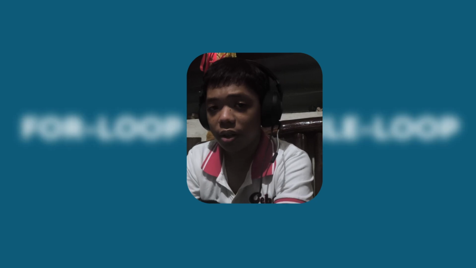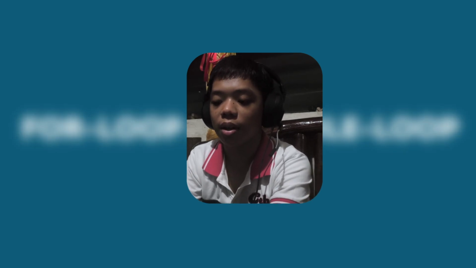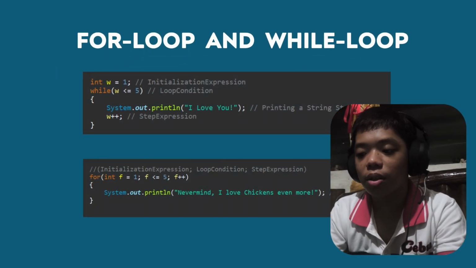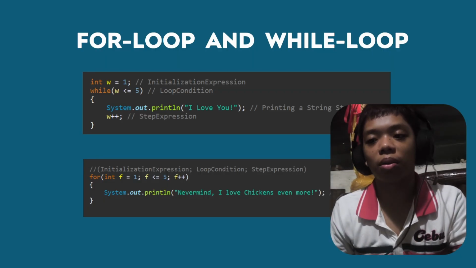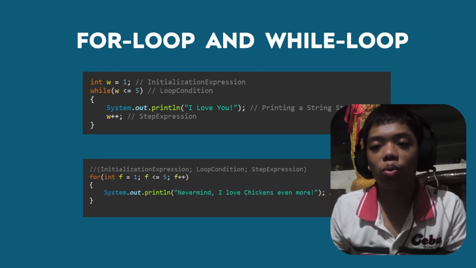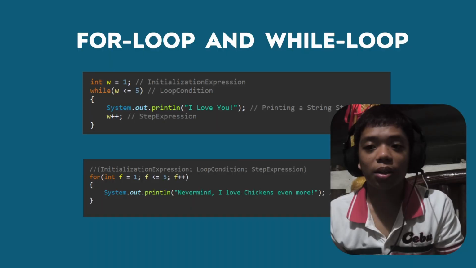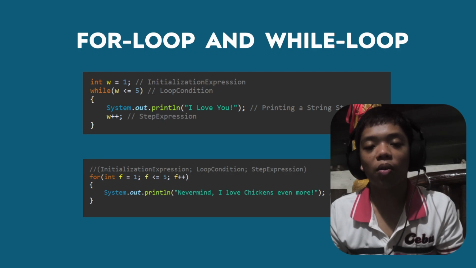So let's compare the for loop and the while loop for a better understanding of the for loop. Here's the same code but with a different loop structure. These 2 codes have the same purpose. Basically, it tells the program to write a text 5 times, but the while loop has a different way of creating the 3 parts of the for loop.